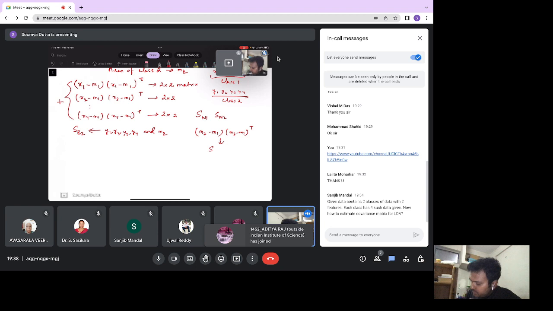This will be your between class covariance matrix, and then you go ahead and do LDA as has been shown in the lecture. I hope this was okay.